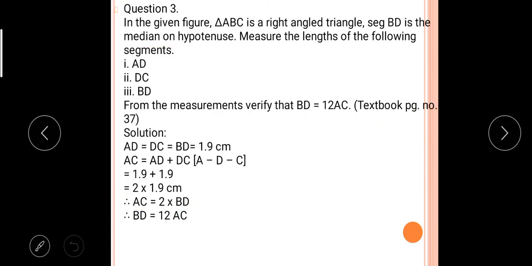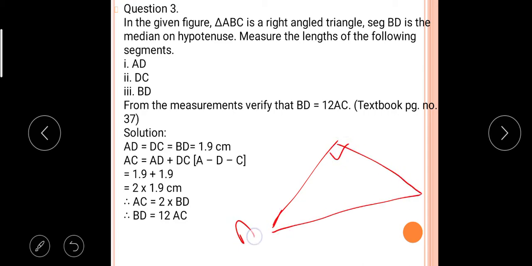Now next is, in the given figure, triangle ABC is a right angle triangle. Segment BD is the median on the hypotenuse. You have to draw the triangle in such a way that triangle ABC is the right angle triangle and BD is the median on the hypotenuse.